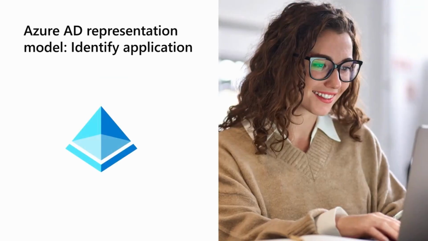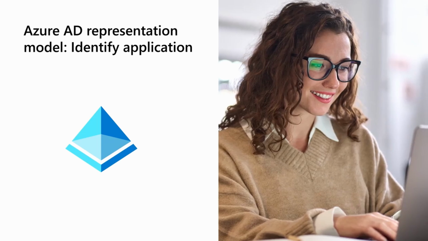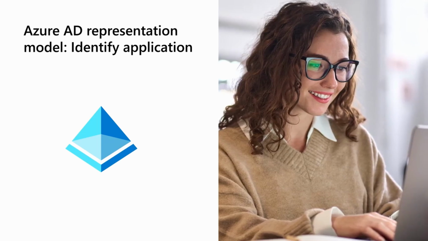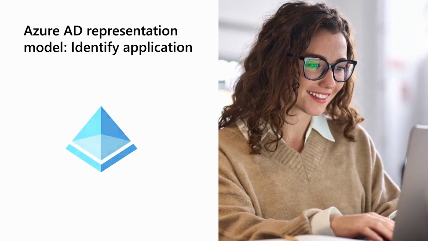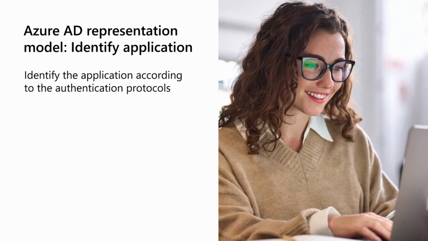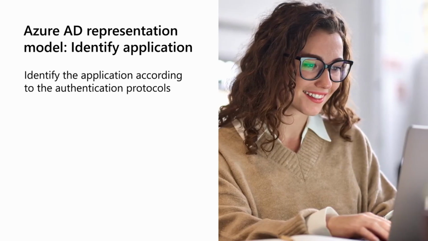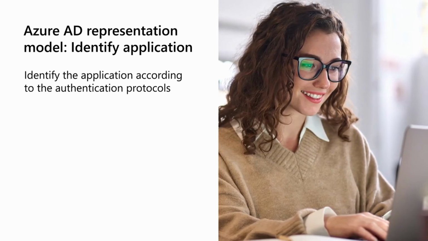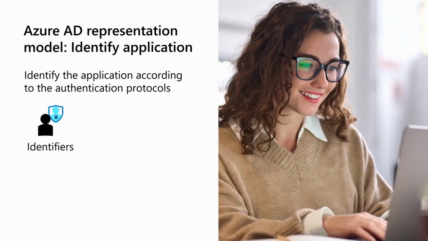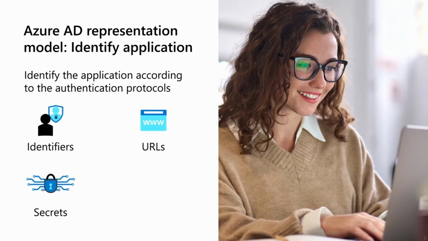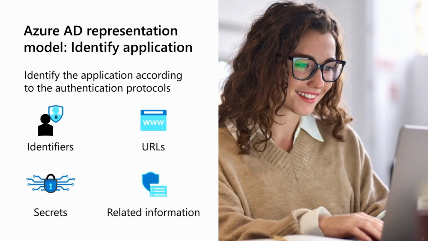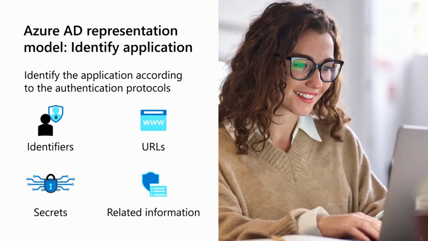Azure AD represents applications following a specific model that is designed to fulfill two main functions. The first function to fulfill is to identify the application according to the authentication protocols it supports. This involves enumerating all the identifiers, URLs, secrets, and related information that Azure AD needs at authentication time.